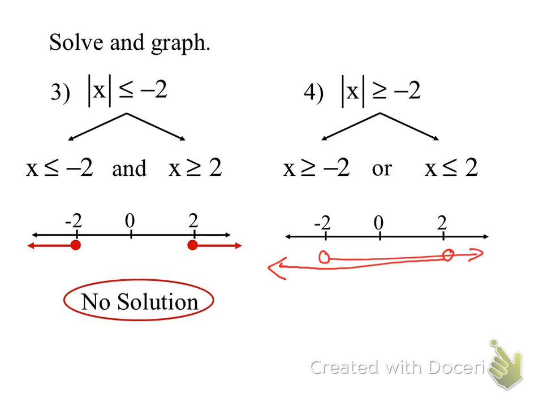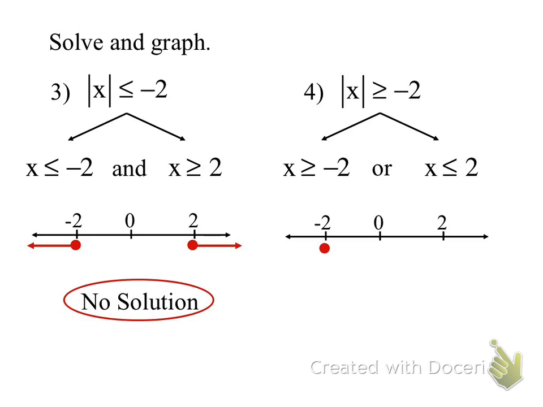So what is the answer here? There's a solution. All of this is a solution. In this case, it's all real numbers. So the answer in this case would be all real numbers, yes.